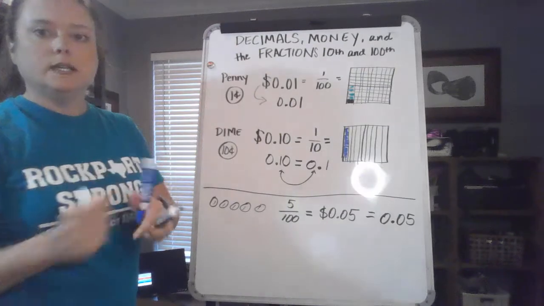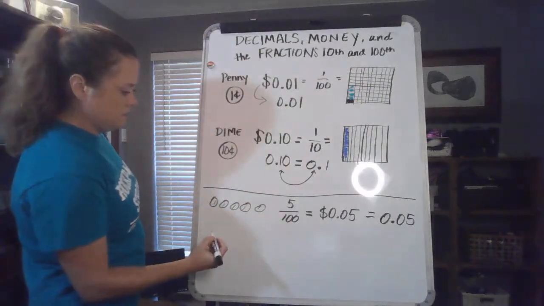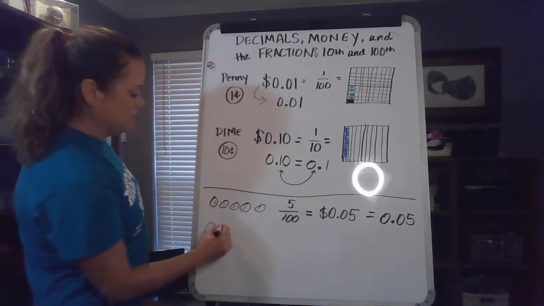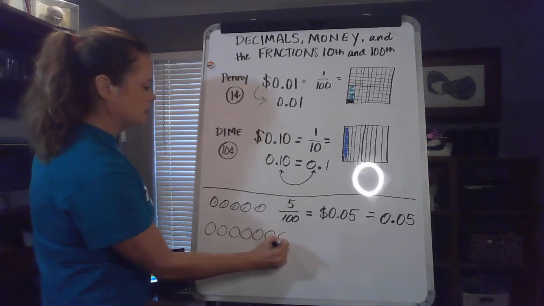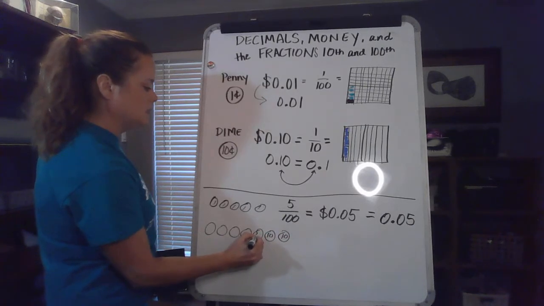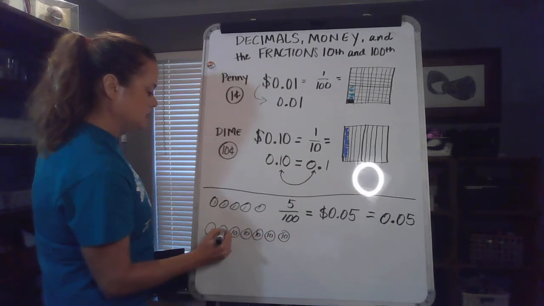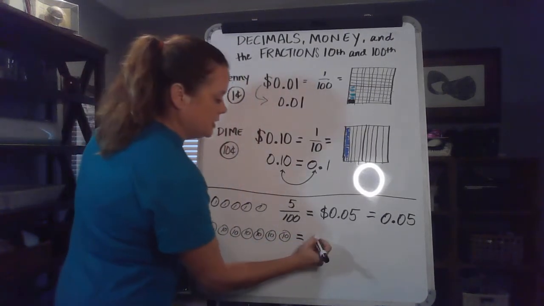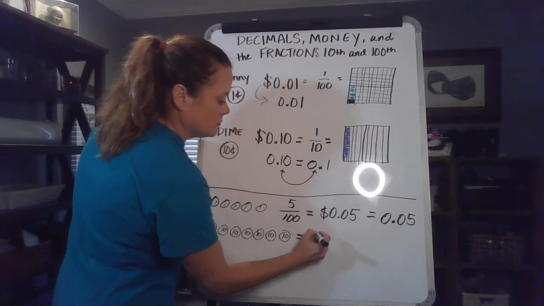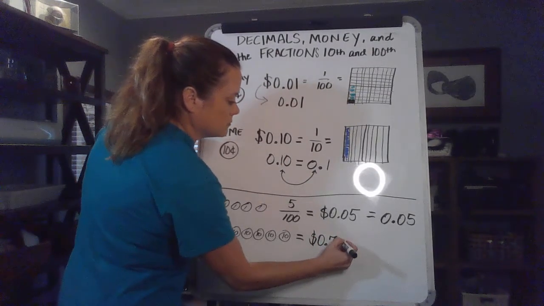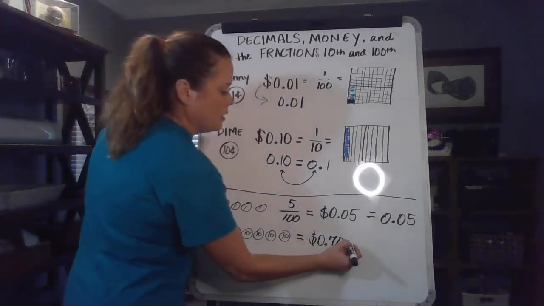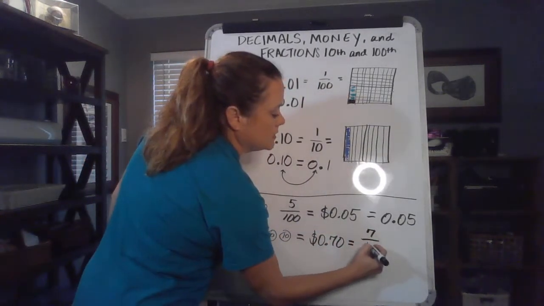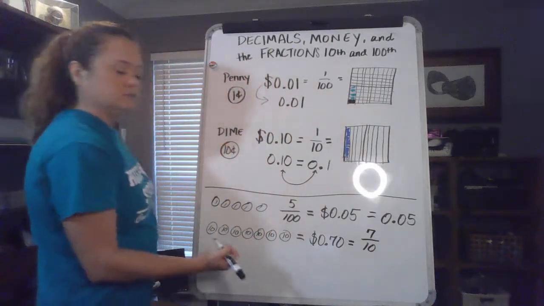Same idea if I have 7 dimes. 1, 2, 3, 4, 5, 6, 7. 10 cents, 10 cents, 10 cents, 10 cents, 10 cents, 10 cents, 10 cents. That gives me 70 cents. Or as a fraction, it's going to give me 7/10 of a whole.